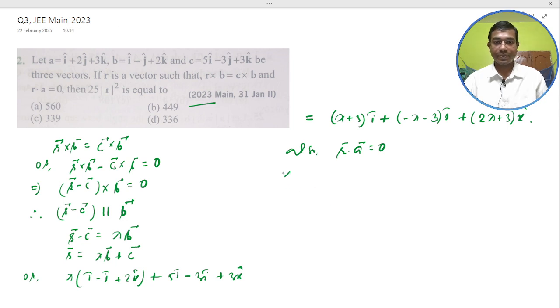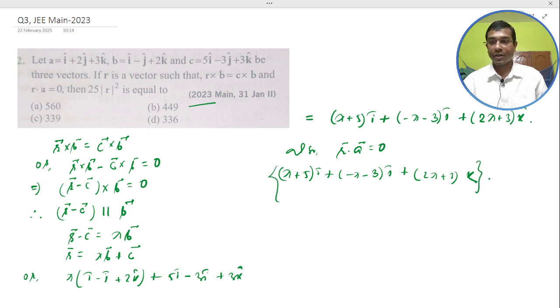That means ((lambda plus 5)i plus (minus lambda minus 3)j plus (2 lambda plus 3)k) with the dot product of (i plus 2j plus 3k), that is equal to 0.